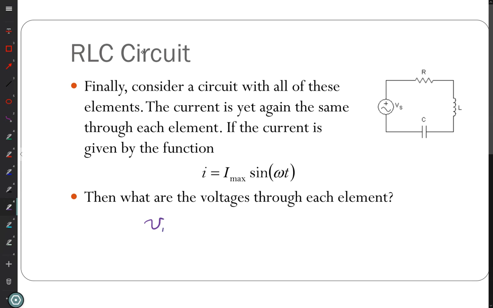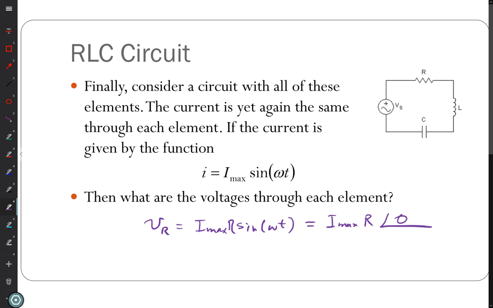We have the voltage across the resistance is I max R sine of omega t, which we write as simply I max R angle of 0. Why angle of 0?